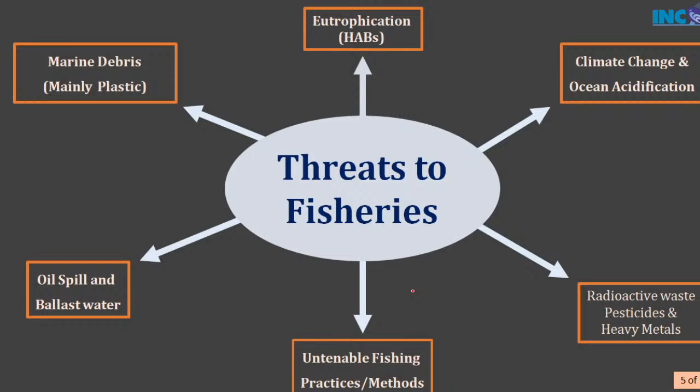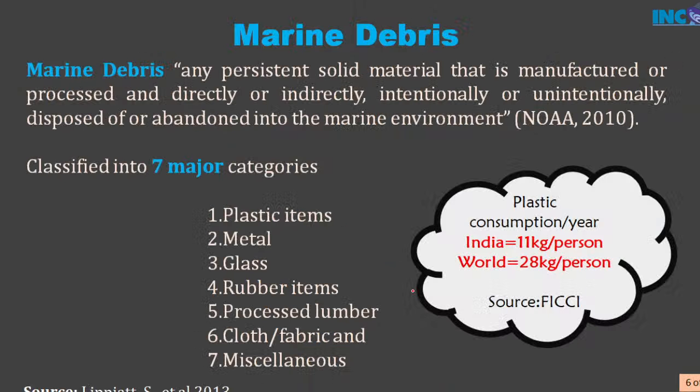In the coming slides we will discuss briefly. These are the marine debris. Marine debris, as per the NOAA explanation, is any persistent solid material that is manufactured or processed and directly or indirectly, intentionally or unintentionally, disposed of or abandoned into the marine environment.